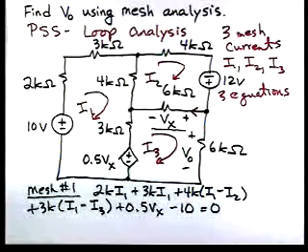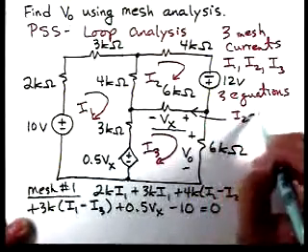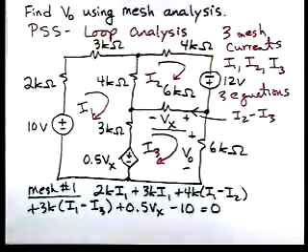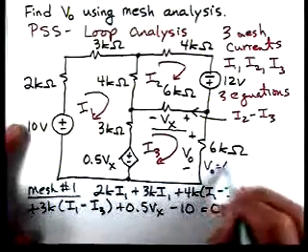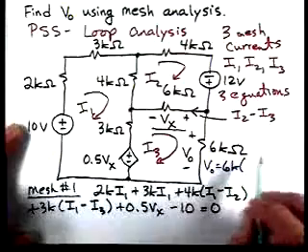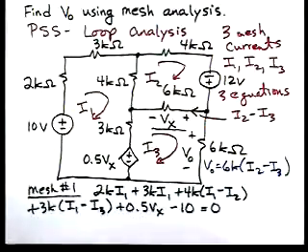And the current in that direction is I2 minus I3. So Vx is 6K times I2 minus I3.